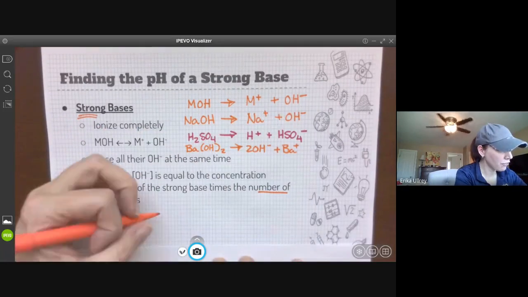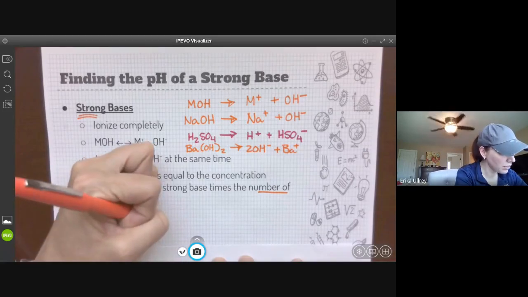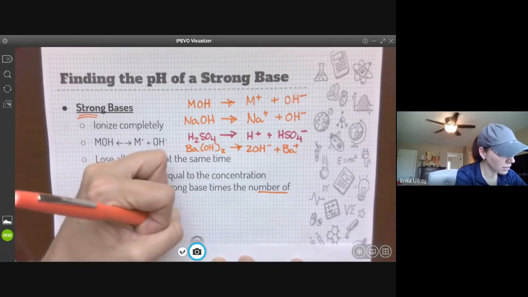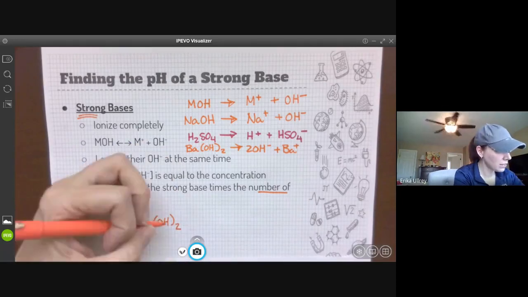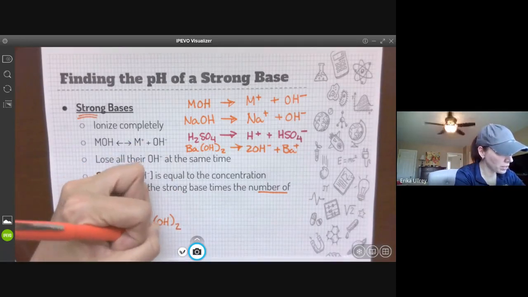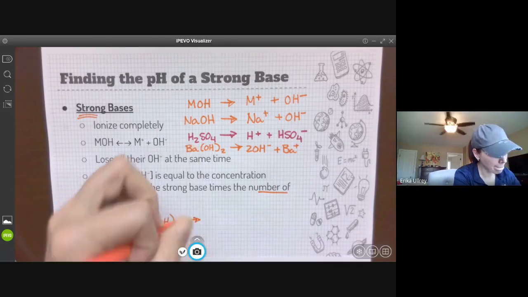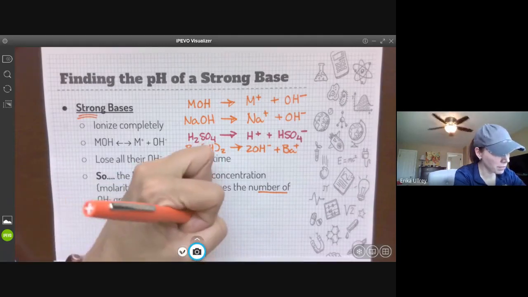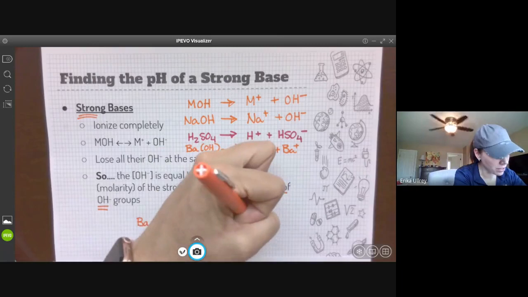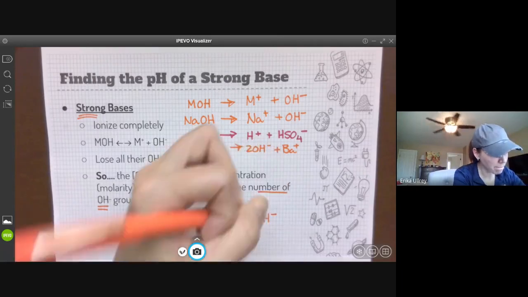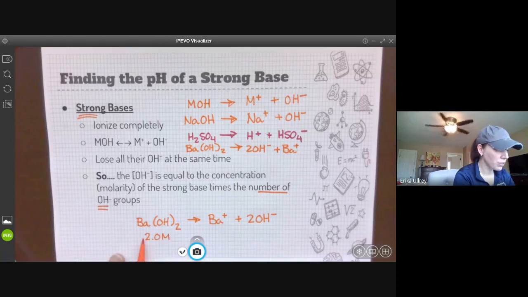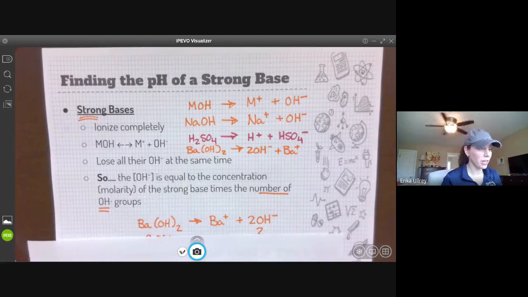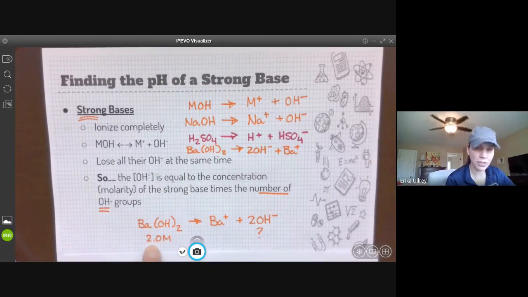What that means is if we have barium hydroxide, and its concentration is 2.0 molar, it dissociates to give us Ba2+ plus 2 OH minus ions. So if the concentration of barium hydroxide is 2.0, what's going to be our concentration of OH? Ami, what do you think?